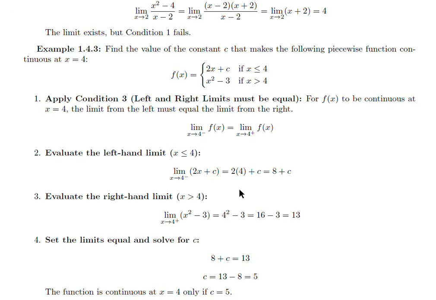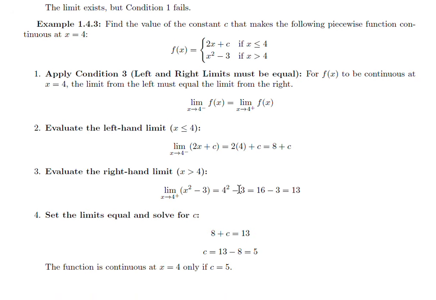Now, the main point now is the third condition. We want to use the third condition to know what value c must take so that f of a will be equal to the limit of f of x as x tends to 4.